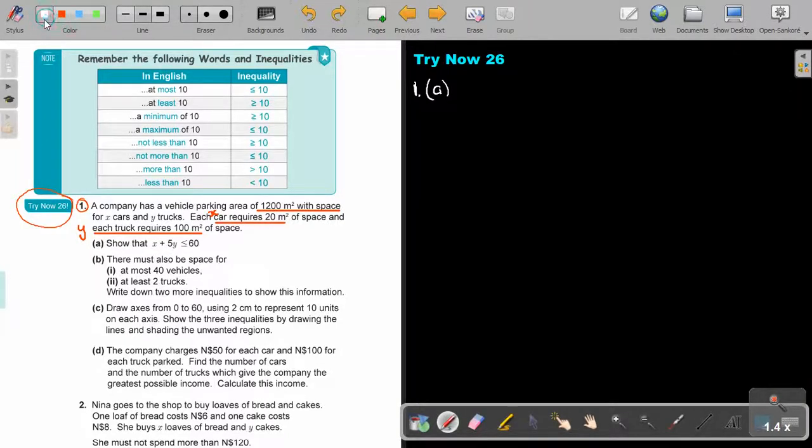So let's just start here. So we are going to say 20x plus 100y. Now vehicle has an area, so it must be smaller and equal. It can be less, so there can be less cars, but there cannot be more because the space will not be enough. And now you're just going to divide everything by 20.